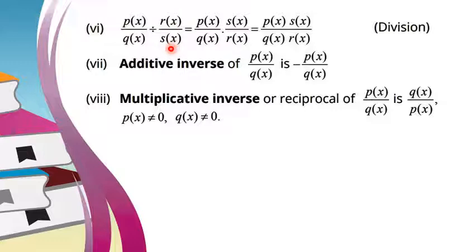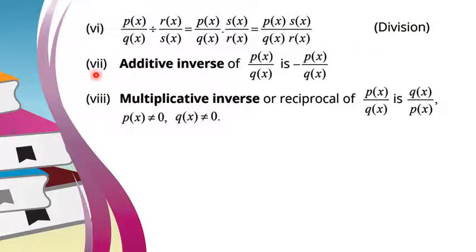So p of x upon q of x, and this dot is indicating the multiplication, and our denominator, which is s of x, becomes the numerator, and our r of x, which is the numerator, becomes the denominator. And after that again the same method, that numerator will multiply with the numerator and denominator with the denominator. We will have p of x into s of x divided by q of x into r of x, and this is called the division property.